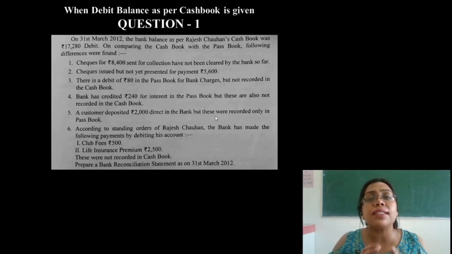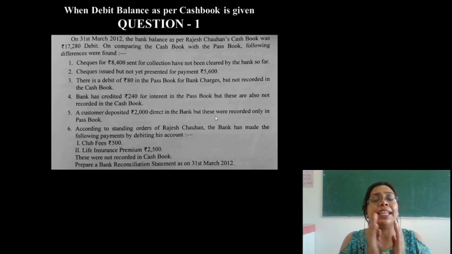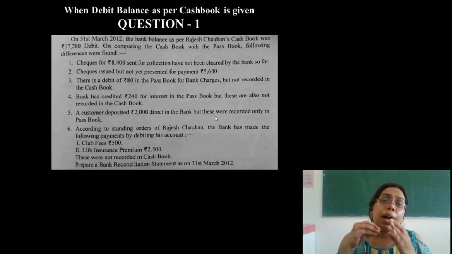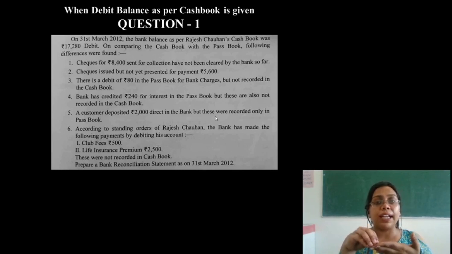Obviously, if the bank deducts any kind of bank charges from my account, I will not be able to know that the bank has done this until I have updated my passbook and seen it there.